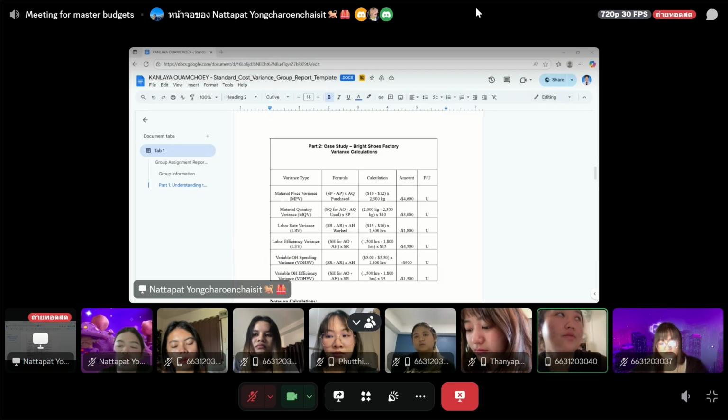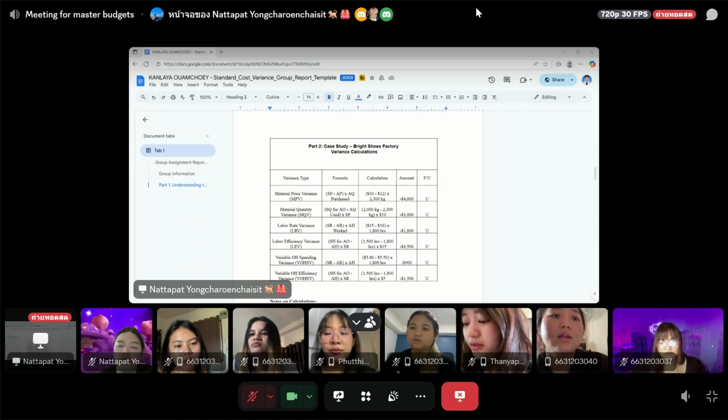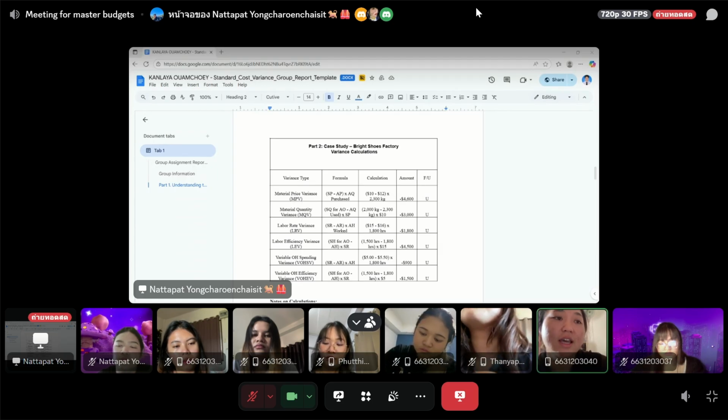The standard rate was $15 per hour, but the actual rate was $16, with 1,800 hours worked. The calculation is ($15 - $16) multiplied by 1,800 hours, equal to -$1,800.